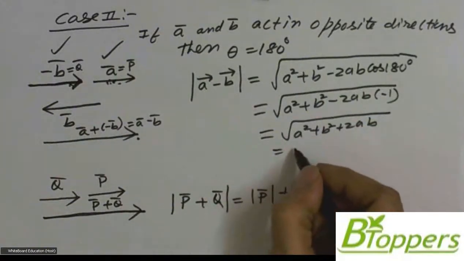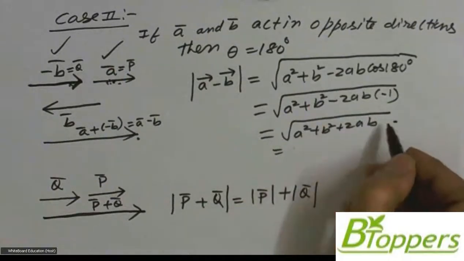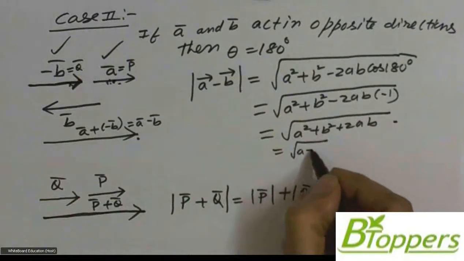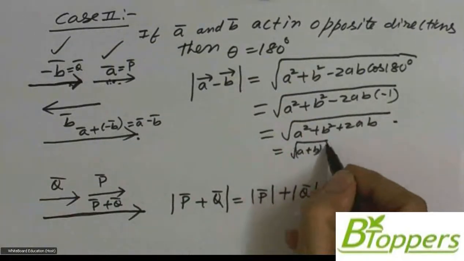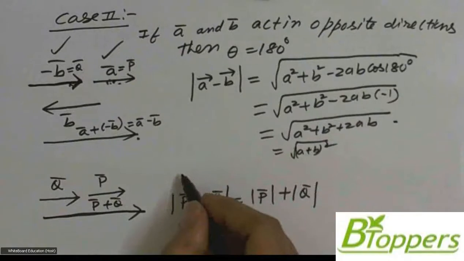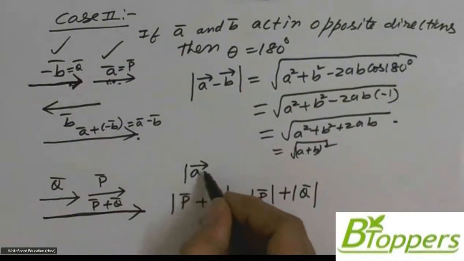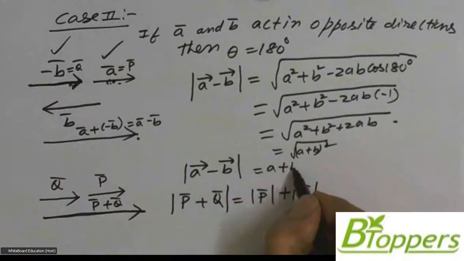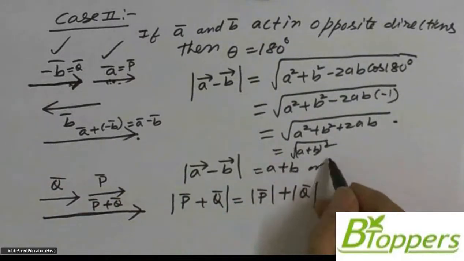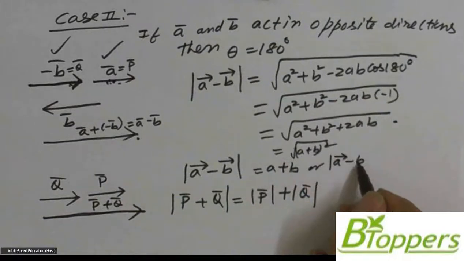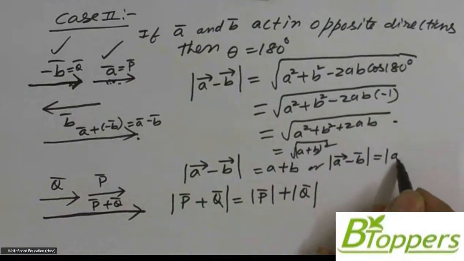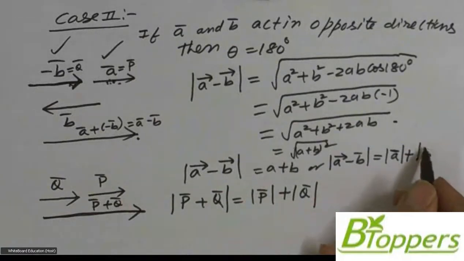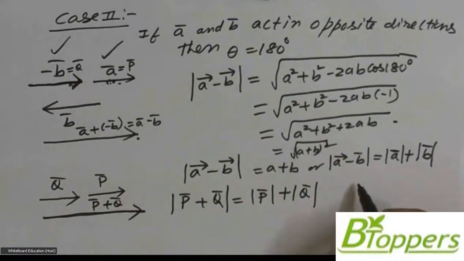That is equal to under root of a plus b whole square. That means the magnitude of the vector difference a bar minus b bar can be written as a plus b. Or the magnitude of a bar minus b bar can be written as the magnitude of vector a bar plus the magnitude of vector b bar.